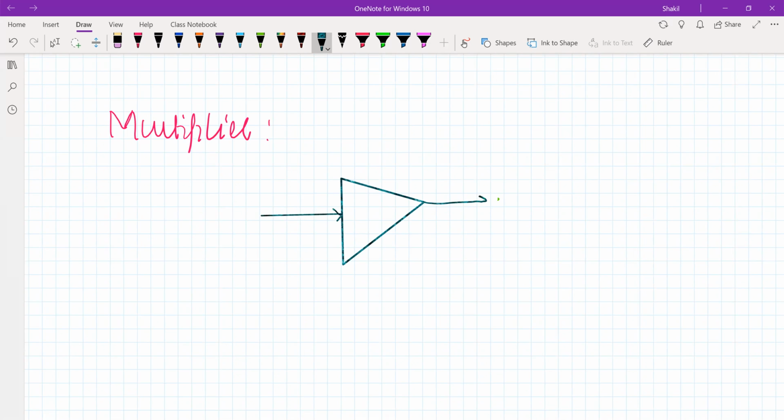This is the input, this is the output, and if the multiplying coefficient is a1, then the input is y of n minus 1, and the output will be a1 times y of n minus 1.